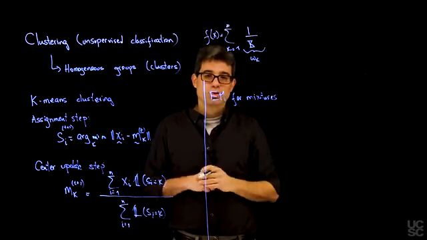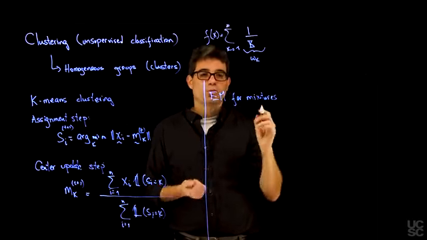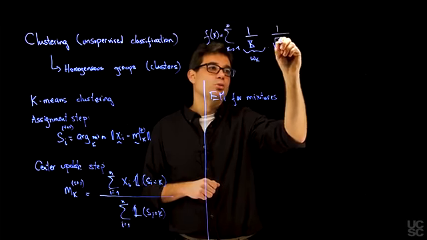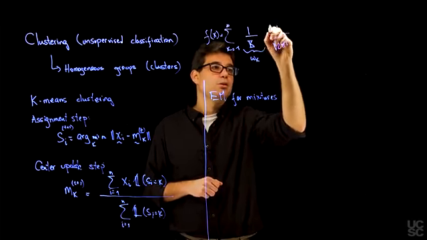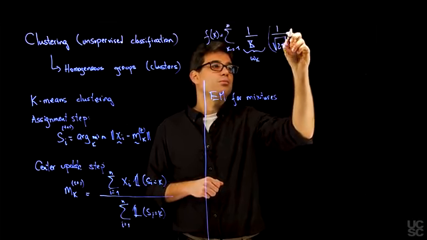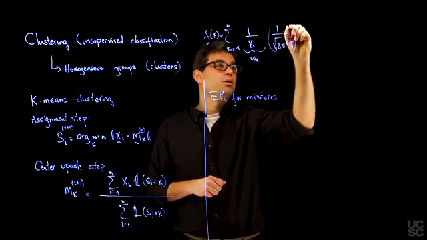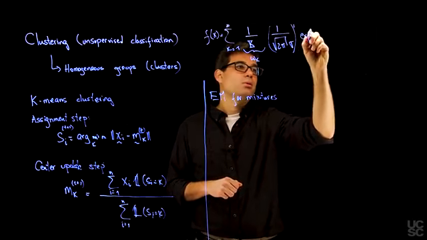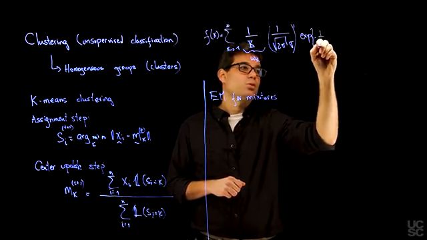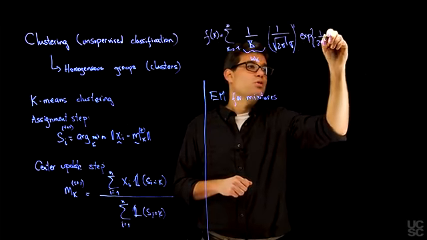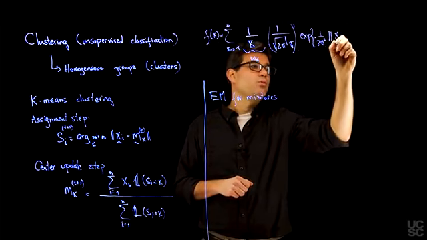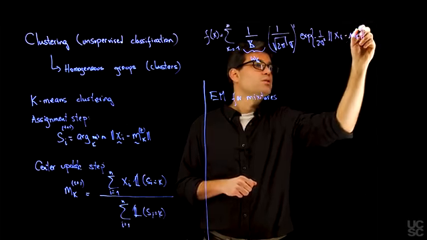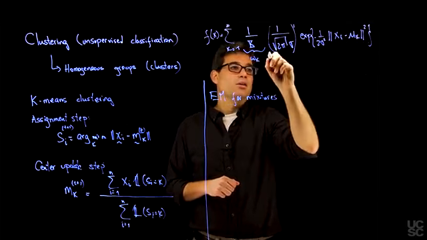And I'm going to use Gaussian kernels, but with a very particular form. So this is going to be 1 over square root of 2 pi sigma to the p, times the exponential of minus 1 over 2 sigma squared times the norm of x_i minus mu_k, squared.